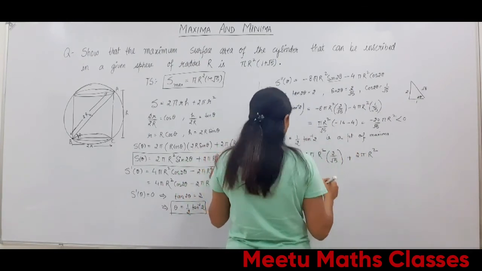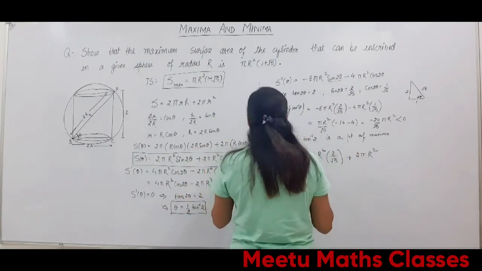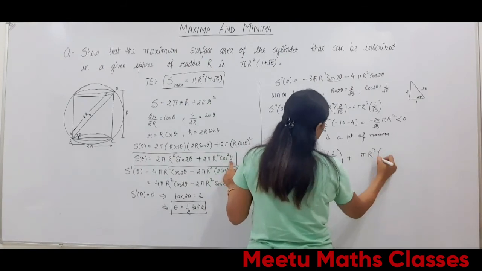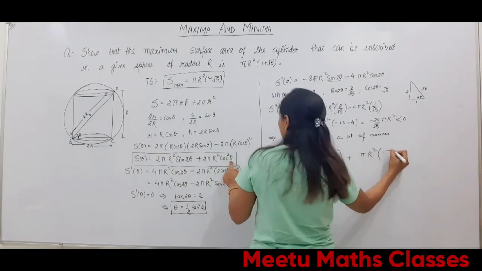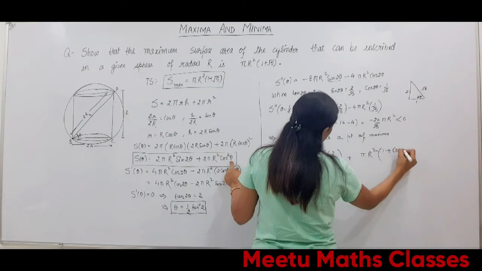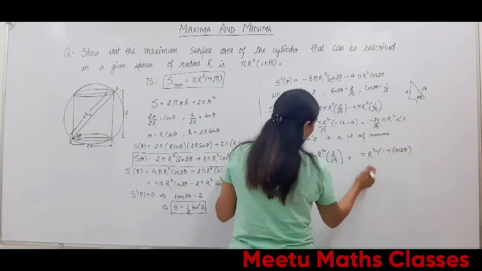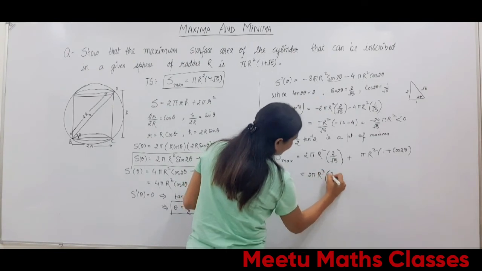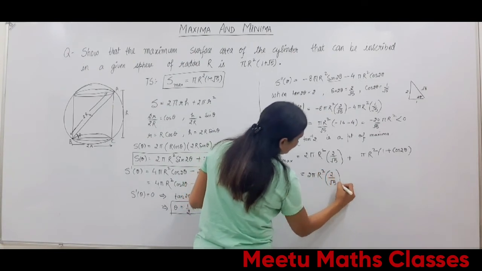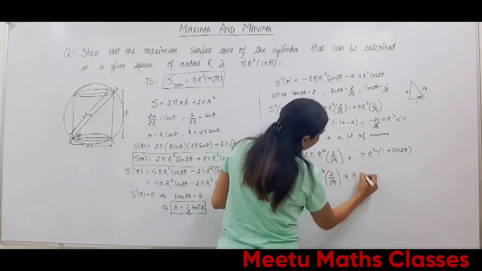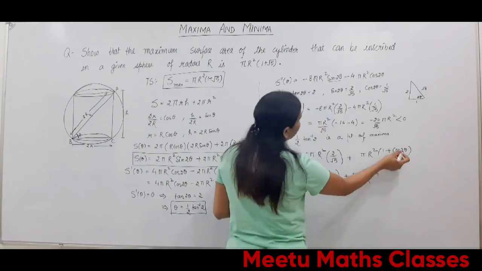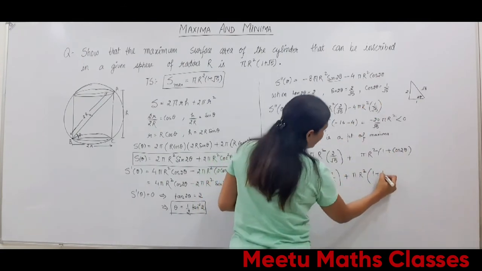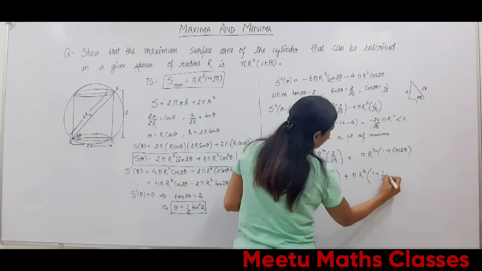Now you can write 2 cos square theta as 1 plus cos 2 theta, and you can write cos 2 theta as 1 upon root 5.